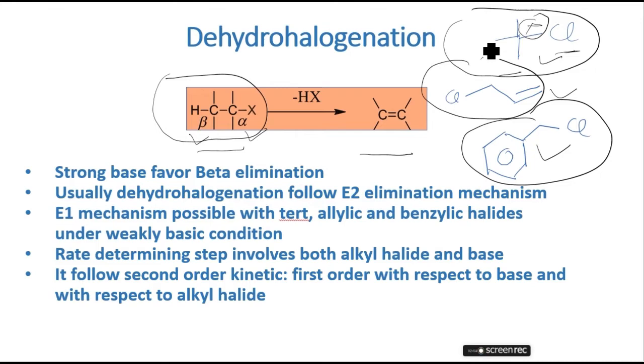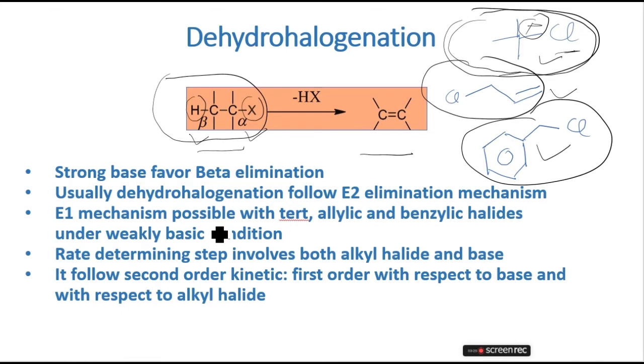E2 elimination happens simultaneously, with removal of this beta hydrogen and simultaneous removal of the leaving group. But here this type of mechanism is not possible, because E1 passes through the generation of a carbocation, and due to the greater stability of this carbocation, this will probably go by the E1 mechanism.